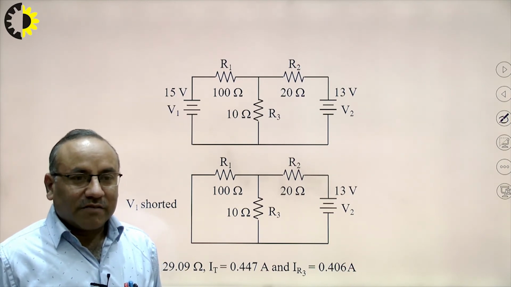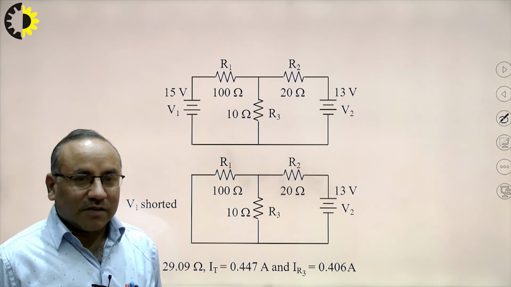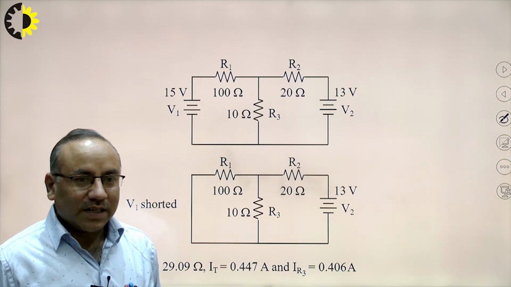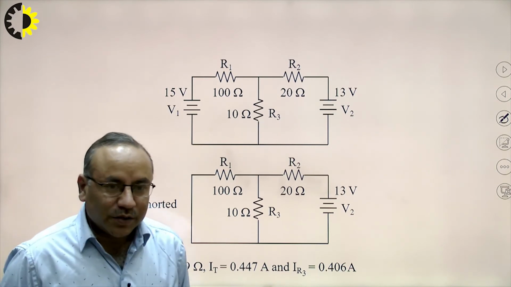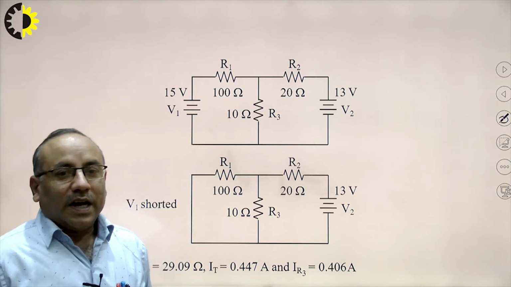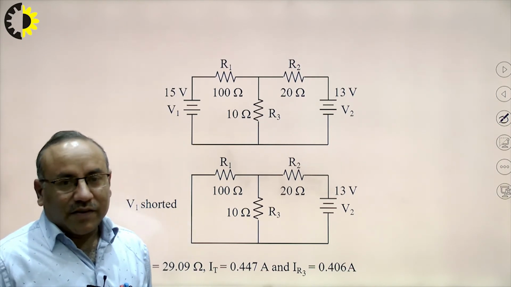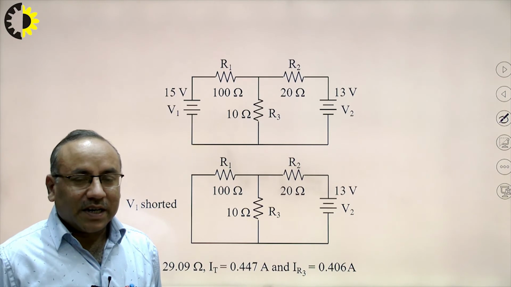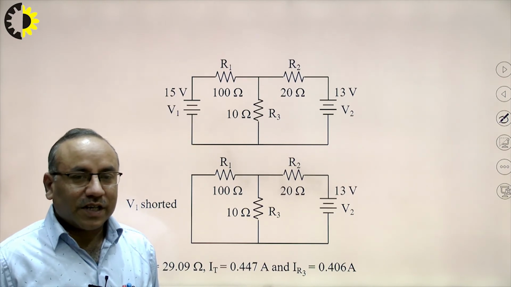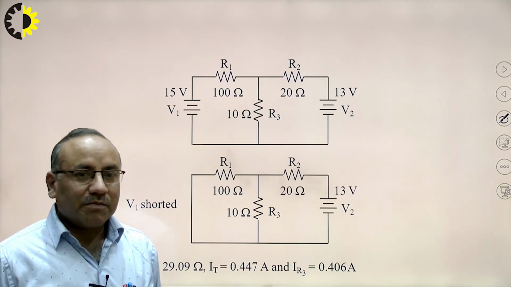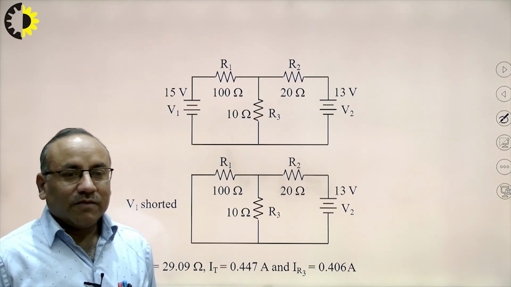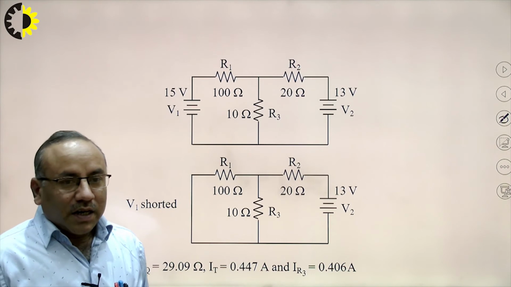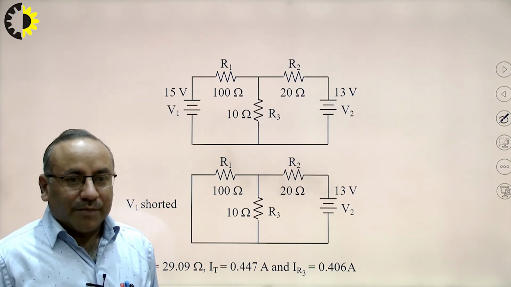This equivalent resistance after calculation comes out as 29.09 ohm. Then the current supplied by the 13 volt battery, or voltage source V2, will be 13 upon 29.09, which comes out as 0.447 ampere.